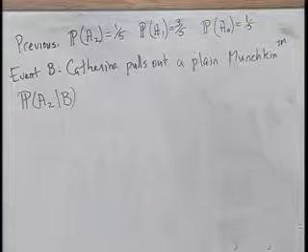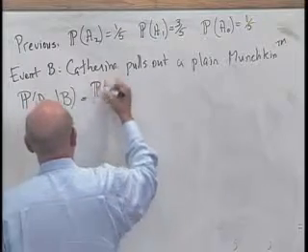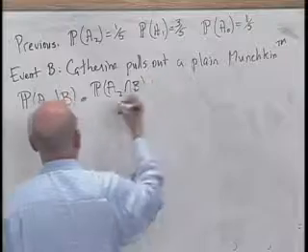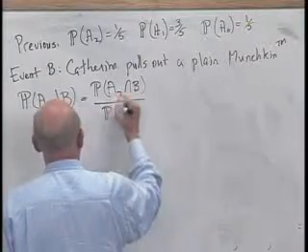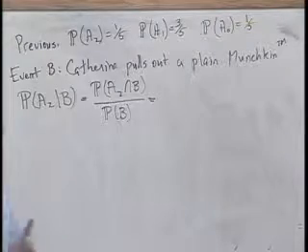So let's do it systematically. The systematic way is we have to calculate the probability of A2 intersect B and divide by the probability of B.